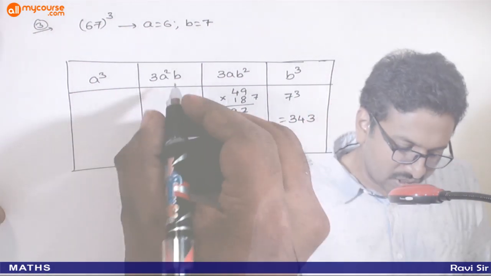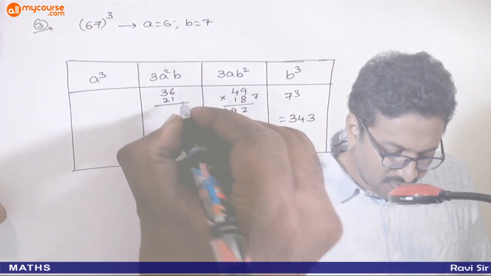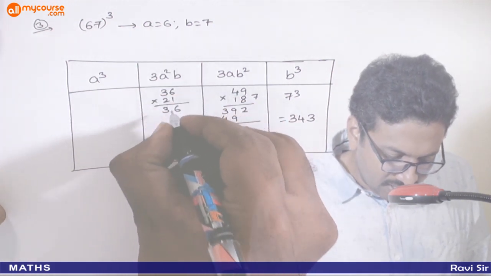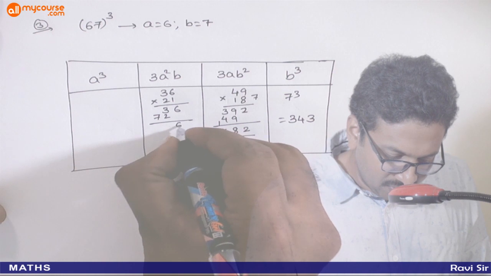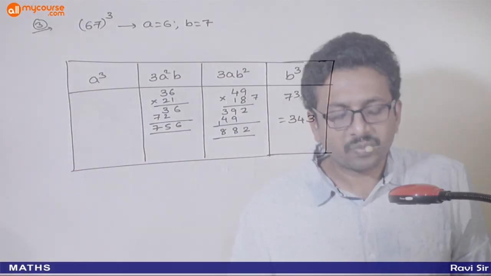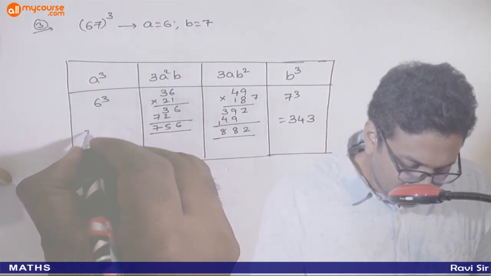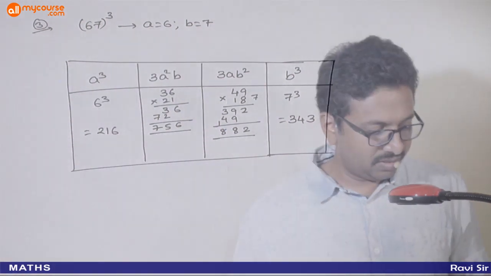Next 3a square b: a square is 36 into 3b which is 21, so 756. And a cube, 6 cube, is equal to 216.